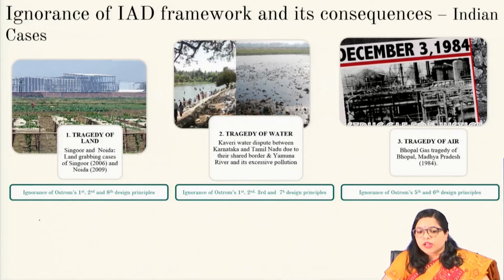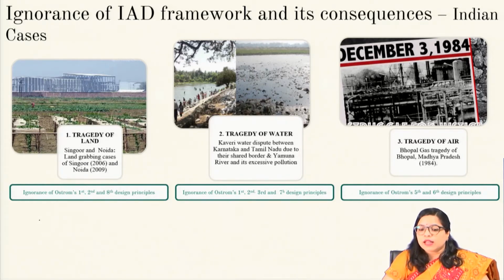Finally, the 5th and the 6th rule of Ostrom could have helped avert the tragedy in case of air, that is the Bhopal gas tragedy. The 5th rule cites the monitoring of behavior of members in the regulation of resources, while the sixth talks about the sanctions that are issued for the violators.